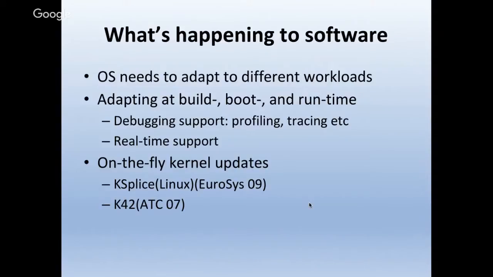And sometimes application requirements are very strict, such as real-time support, and it's hard to adapt everything into a general purpose kernel. There are also research techniques that work by modifying or upgrading kernels on the fly, as is the case, for example, with Ksplice in Linux or the K42 upgrade mechanism.